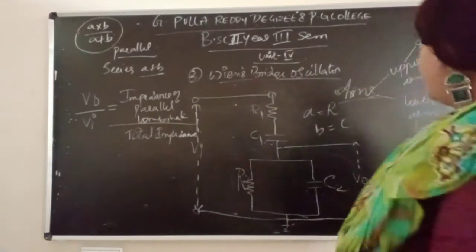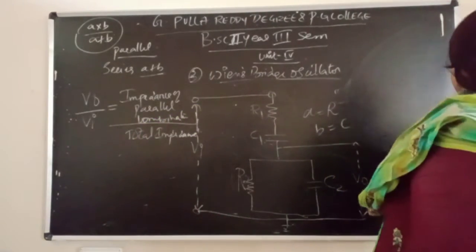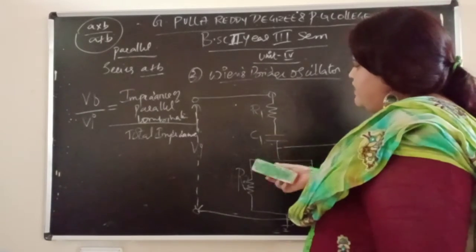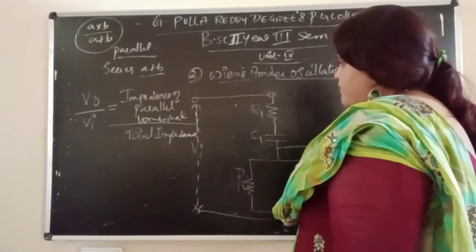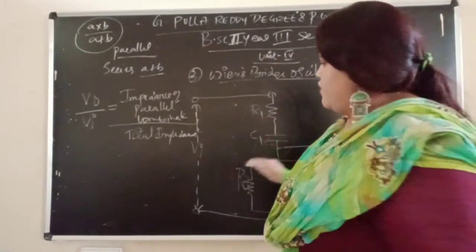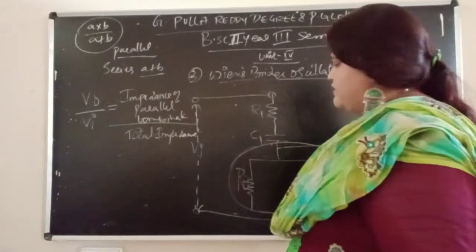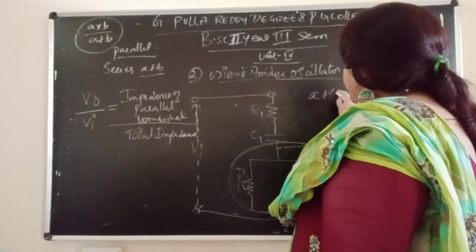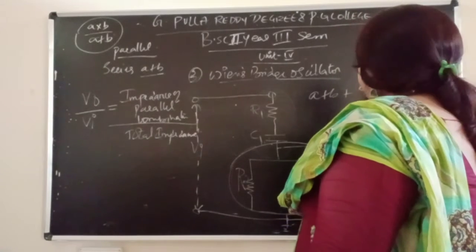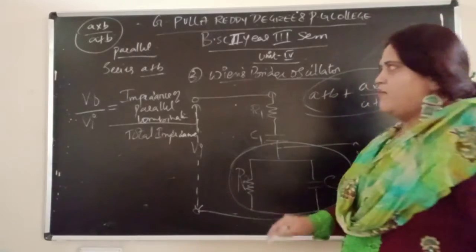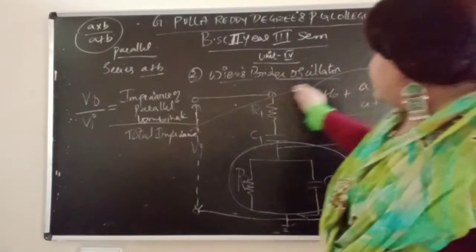See in the diagram, it is in series and parallel. The impedance of the parallel combination you will calculate for this, and total impedance means A plus B series plus A into B by A plus B parallel. This will be your formula for total impedance.